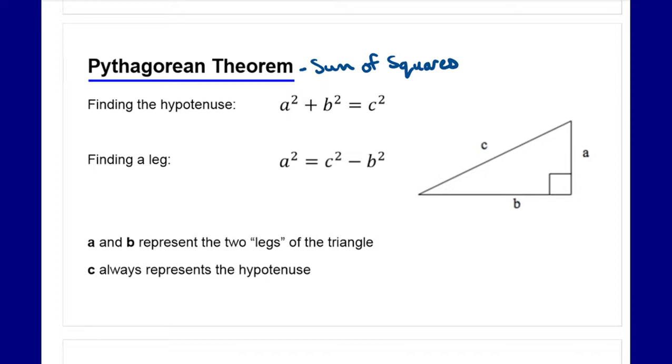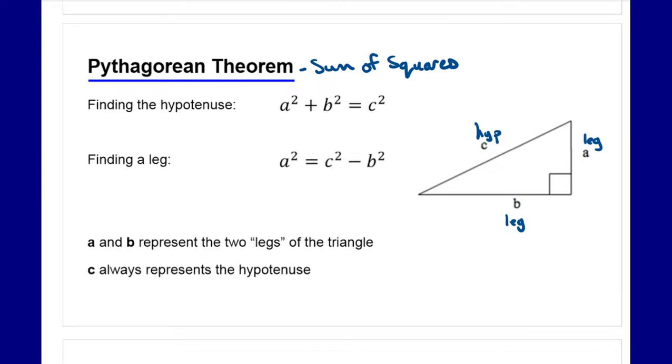Hopefully you recognize the formula: a squared plus b squared equals c squared. This refers to the lengths of the legs and the hypotenuse. In our example, a and b are the legs and c is the hypotenuse.